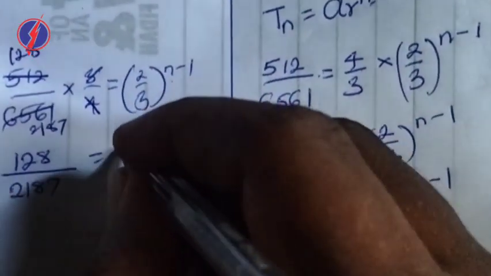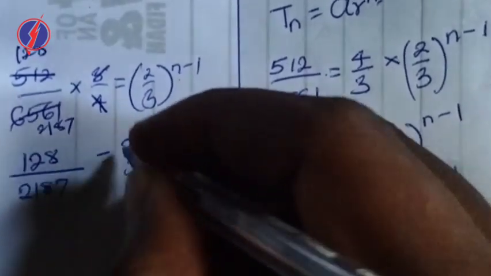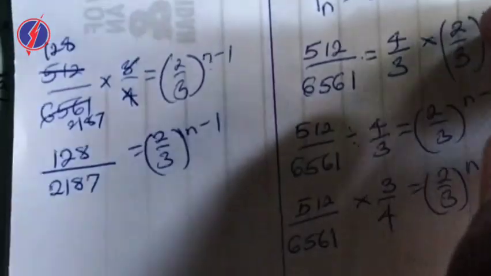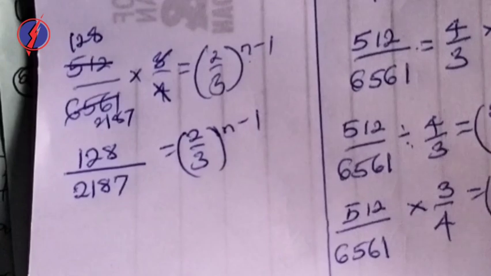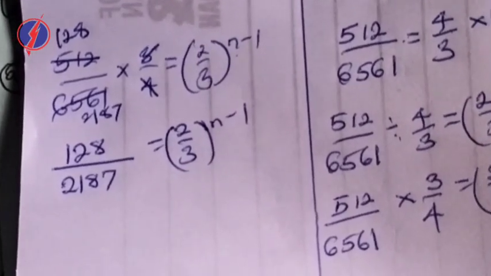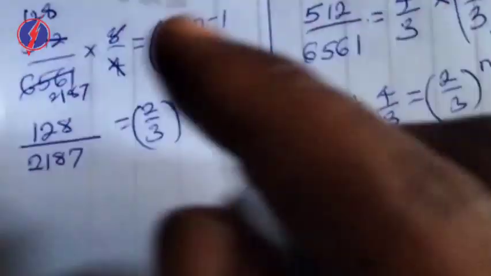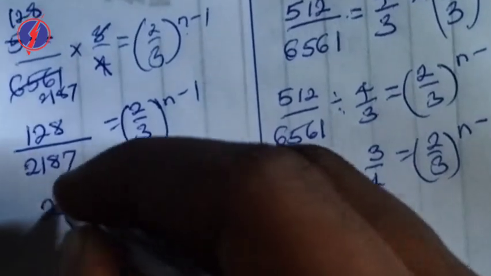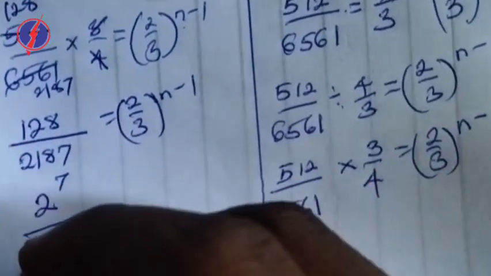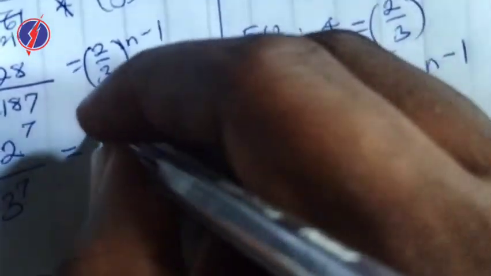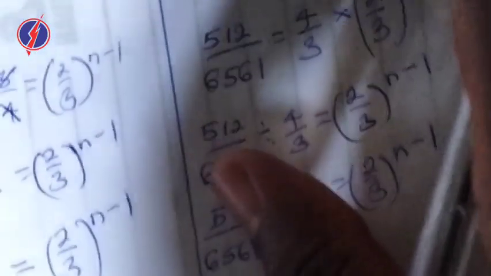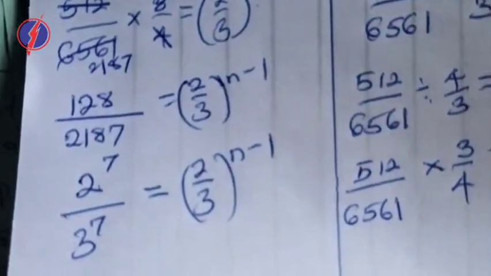So which is equal to 2 over 3. Since in this case it's dealing with power, at this case 2 raised to power 7 over 3 raised to power 7 is equal to 2 over 3 to the power of n minus 1, right?